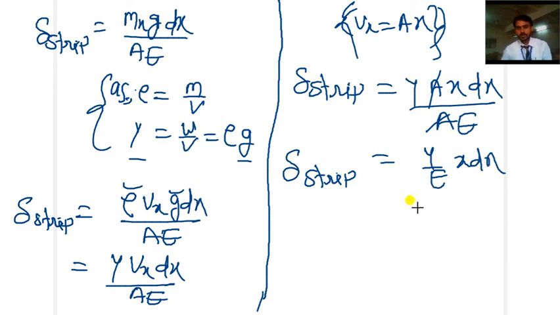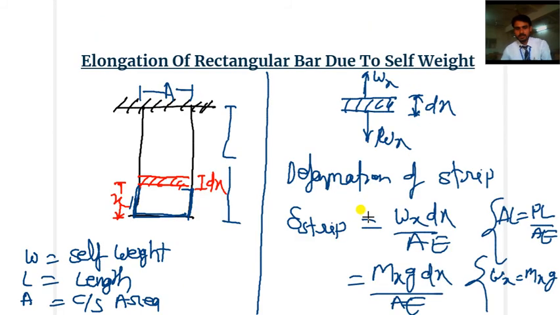As we know, the bar consists of infinite number of such strips. If we add the deformation of such infinite number of strips, we will get the overall deformation. Okay, so we can add or we can integrate within the limit of the bar, and the limit of bar is 0 to L.